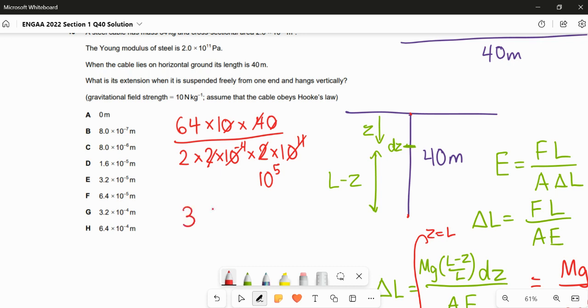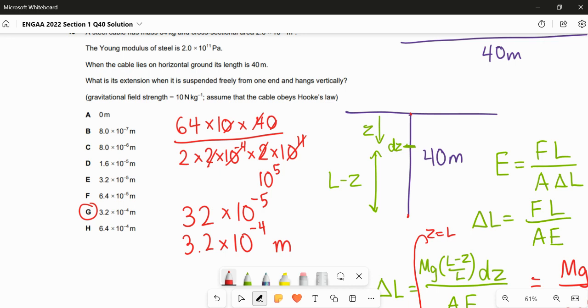So that is 32 over 10 to the 5, so that's 32 times 10 to the minus 5. Passing over a factor of 10, we get 3.2 times 10 to the minus 4 meters. So the answer is 3.2 times 10 to the minus 4, G.